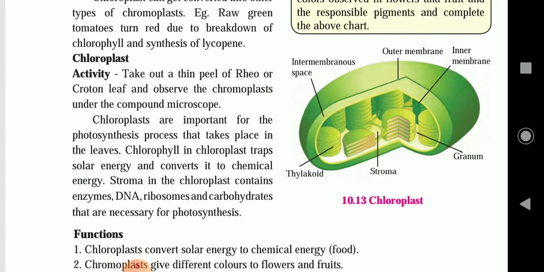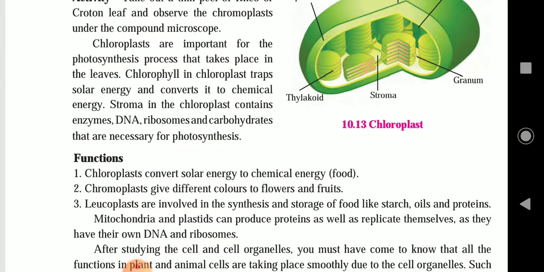Next is the chloroplast, a very important organelle of plants which is present in the leaves. They are useful in trapping energy. So energy rich molecules are trapped here. Solar energy is converted to chemical energy because of this chloroplast. There are different types of plastids, chromoplast and leucoplast. Study about them.